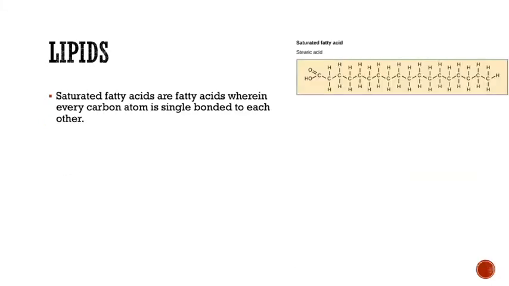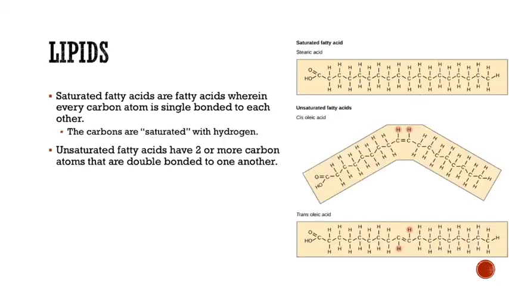Saturated fatty acids are fatty acids where every carbon atom has a single bond to each other. So they are completely saturated with hydrogen atoms. In unsaturated fatty acids, they have 2 or more carbons that share a double bond with one another.